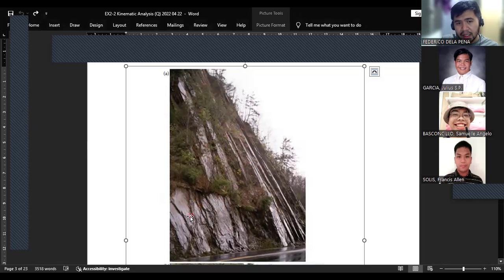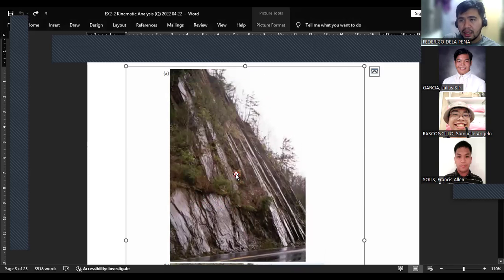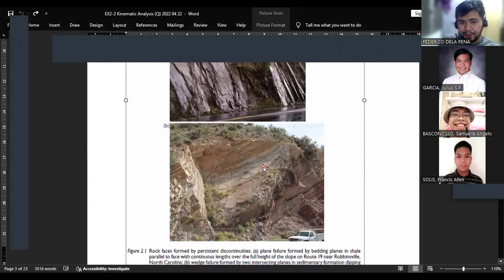As a geologist, you would normally see this bare or exposed rock as indicative of recent landslide or recent rock failure. And this is what we call a planar failure. You basically have one plane and that acts as the sliding surface of your rock slope.